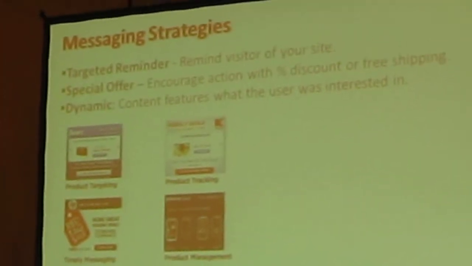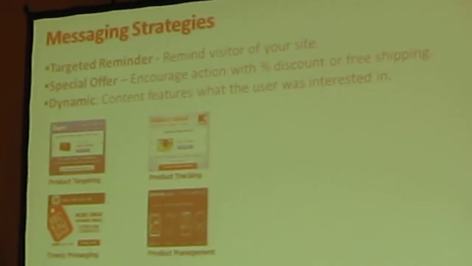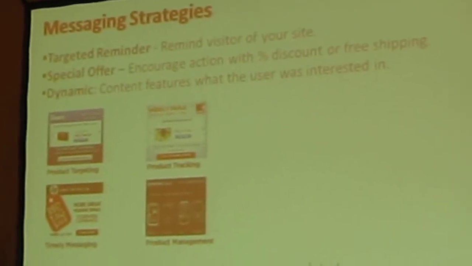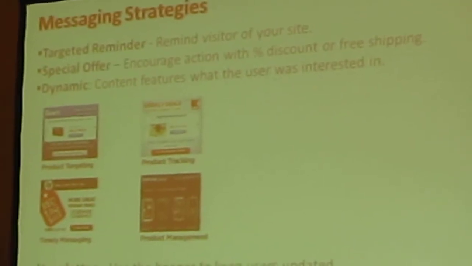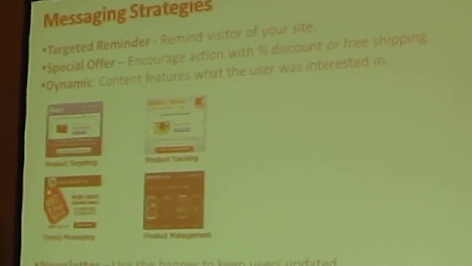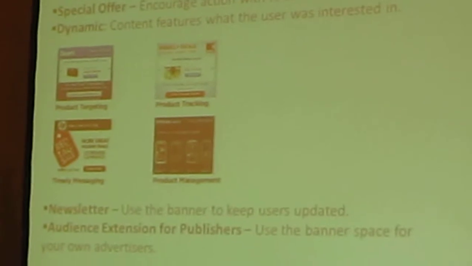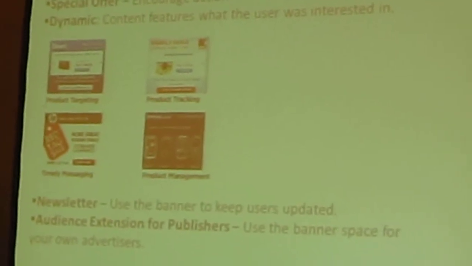There are a number of messaging strategies for remarketing. Obviously the simple one is just reminding the visitor of your website, or you can do special offers. Free shipping if you click this banner ad now, 10% discount by clicking on this banner now. Dynamic, as we spoke about a second ago, is huge, and that actually has the highest click-through rate that we've seen from the advertisers that we work with.